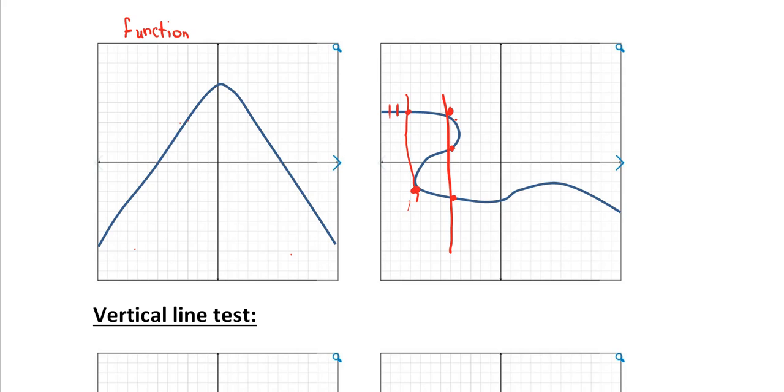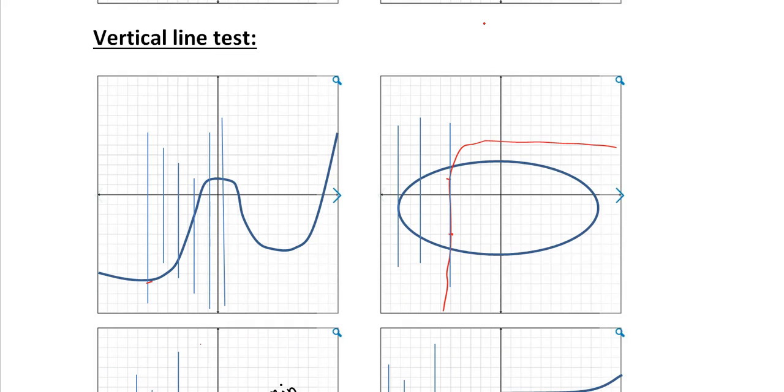So here we have a relation. We don't have any locations for our x that don't have an f of x. So this is definitely a relation. Now you can see what I've been doing, and the reason we do it is it makes it really easy to see whether we have one solution for each input or two or more solutions.